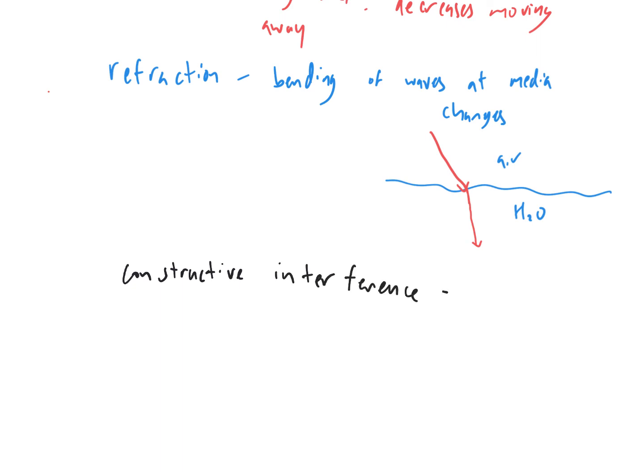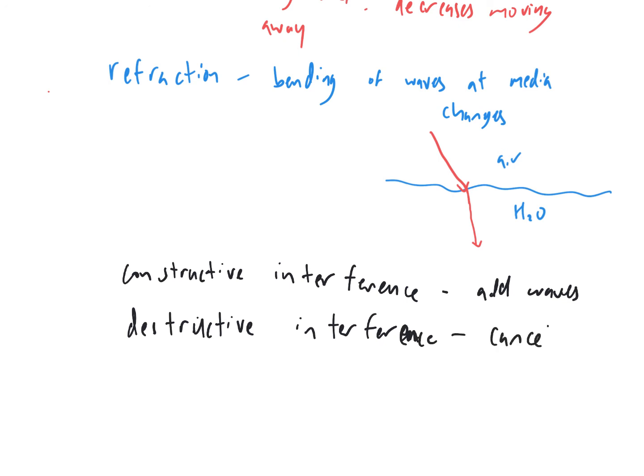Constructive interference, we add the waves. Destructive interference, we cancel the waves. So constructive interference is going to lead to bigger waves.